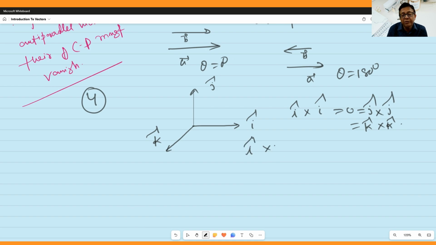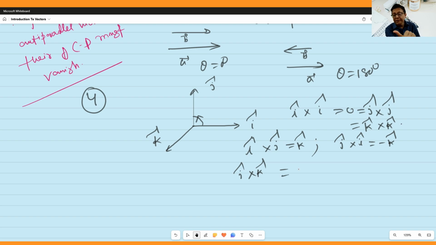If you do I cross J, curl your finger from I to J vector. Then K is coming towards me. So this is going to be K only. But if you have taken J cross I, then the result will be minus K. What about J cross K? J cross K, if you curl the finger, thumb is going along I. So it is I cap.